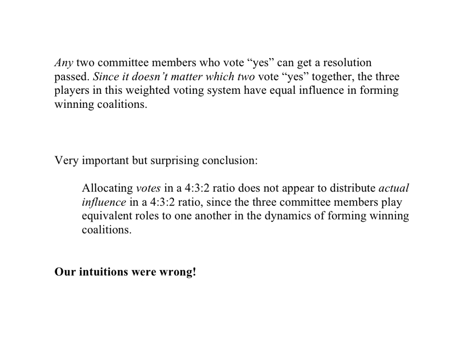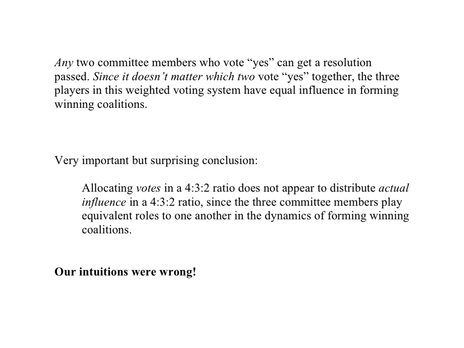Now that's actually very important for our analysis. Any 2 committee members who vote yes can get a resolution passed, and since it does not matter which 2 vote yes together, that means that the 3 players in this weighted voting system have equal influence in forming winning coalitions. They are interchangeable in a certain sense. They play equivalent roles.